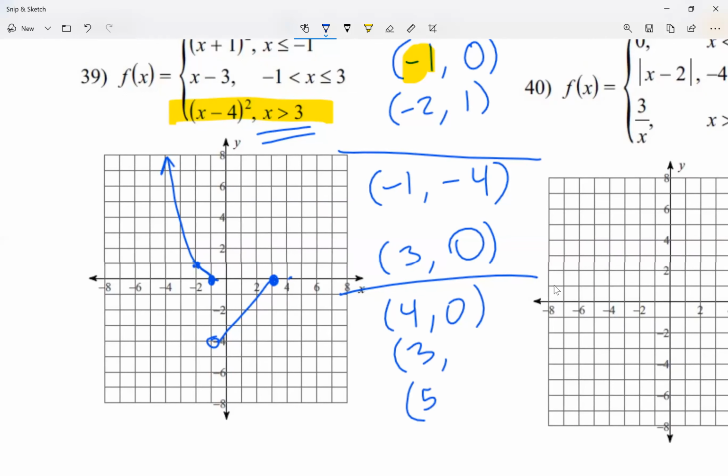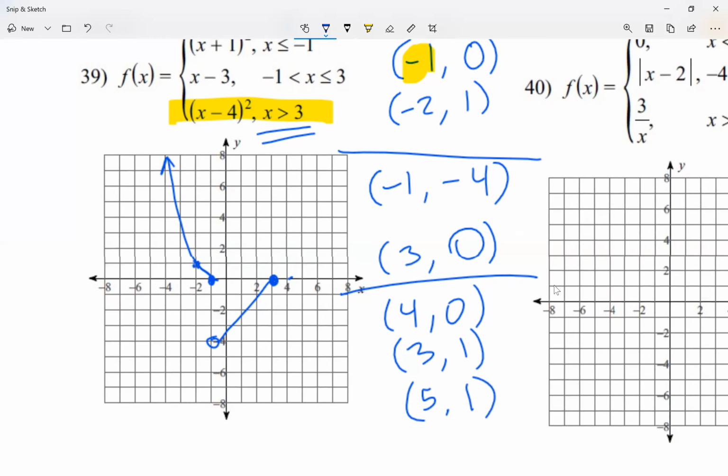I came up with values of x. All right, if x equals 3, plug it in. 3 minus 4, it's a -1, all squared. So if x equals 3, I get y equals 1. Now if x equals 5, plug it in. 5 minus 4, all squared. If x equals 5, I get that y is equal to 1 as well.